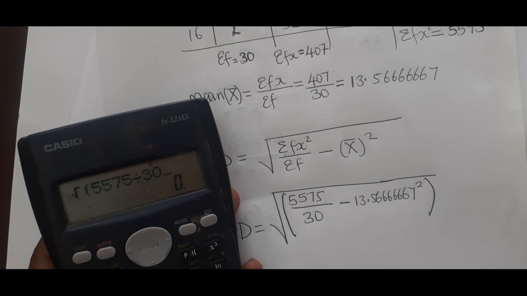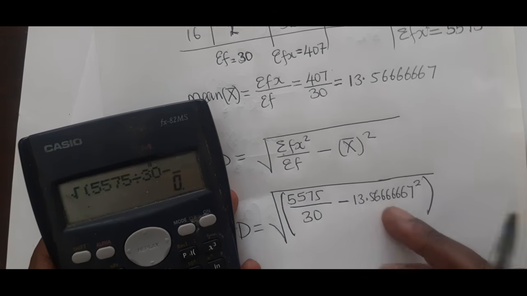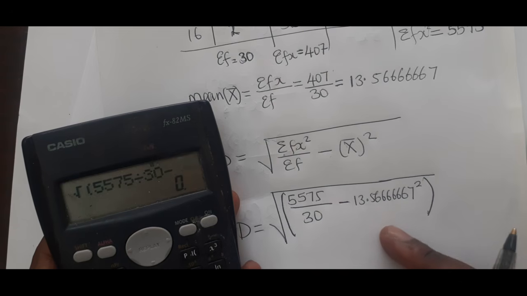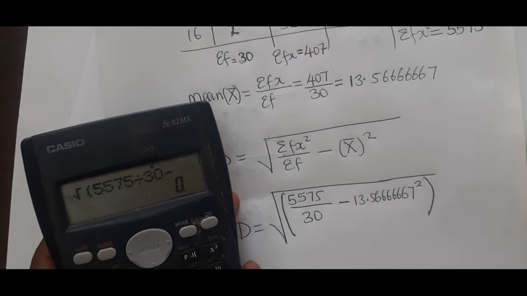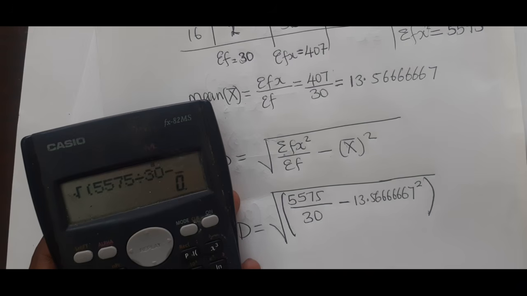Divided by 30, then minus, you write this whole thing as it is. Please don't round off the mean. Don't round off the mean, you'll be penalized in an exam. Because you'll be rounding off twice in the same question.